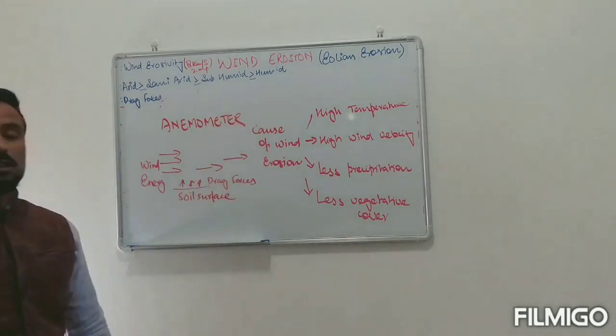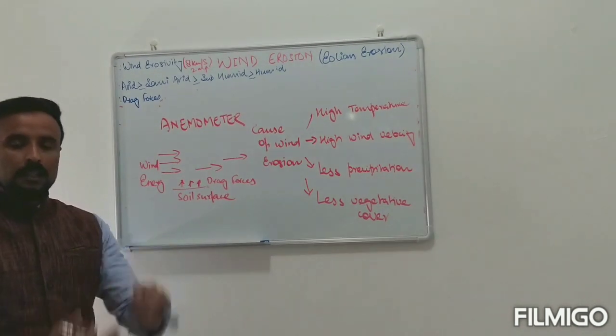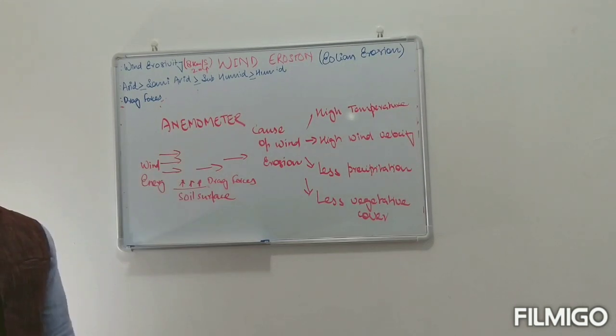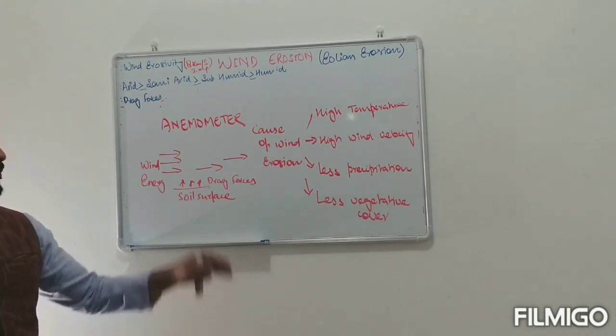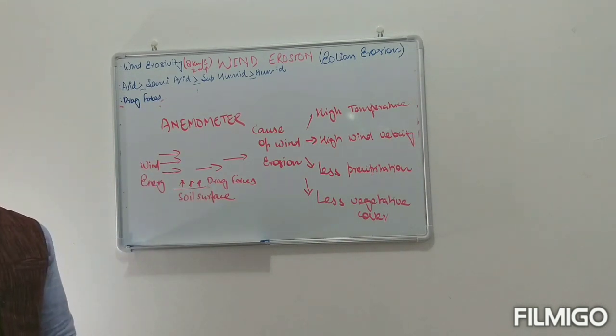Anemometer tells you about wind's movement, direction of wind, friction between the layers, right? Velocity of wind. These things are measured by anemometer, and wind erosion depends upon climatic conditions on a particular land, temperature, precipitation, right? pH of the soil properties, right? Like soil aggregating properties, the bulk density of soil, right?